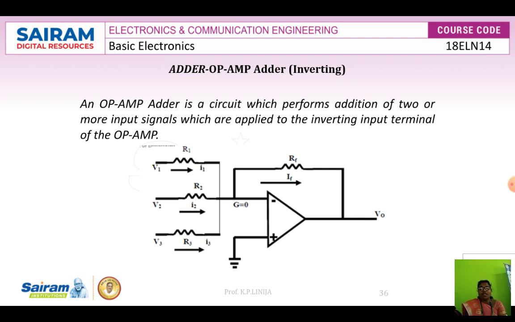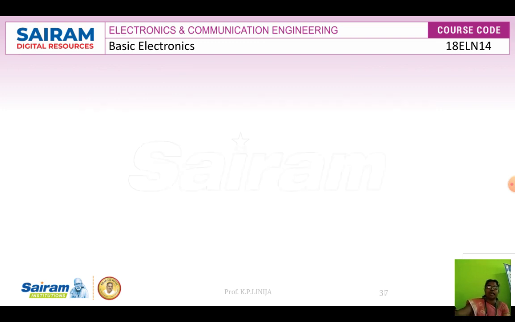V1 is connected through R1, and the current flowing through R1 is labeled I1, and V2 passes through R2. The current flowing through R2 is labeled I2, and likewise I3. We have connected a feedback resistor, mentioned as RF, and the feedback current is represented by IF.